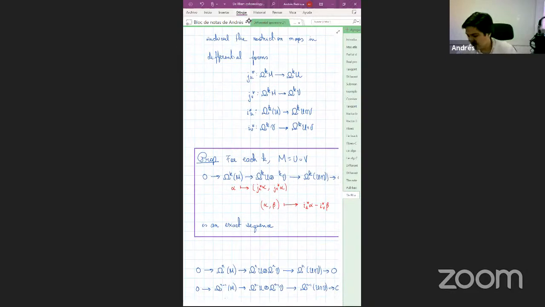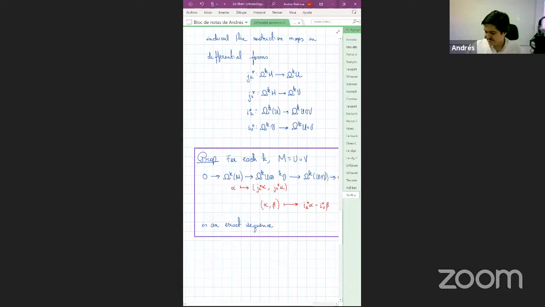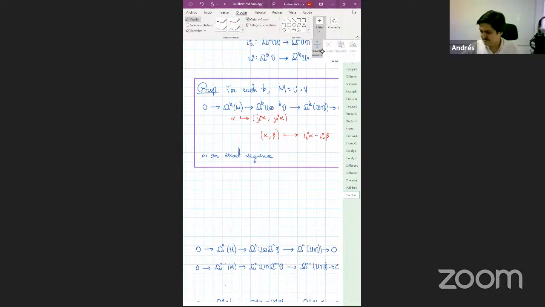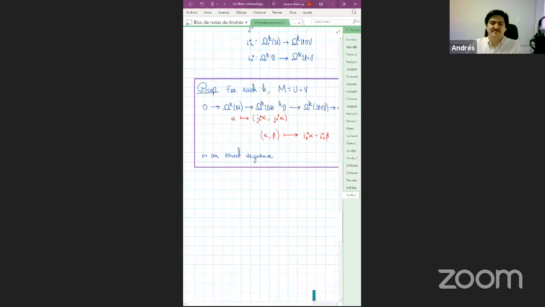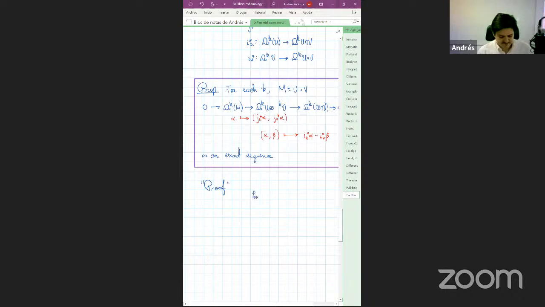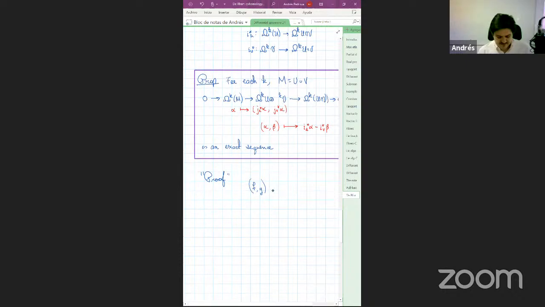So think about it. What can you say about this? f is a smooth function, f restricted to the intersection.